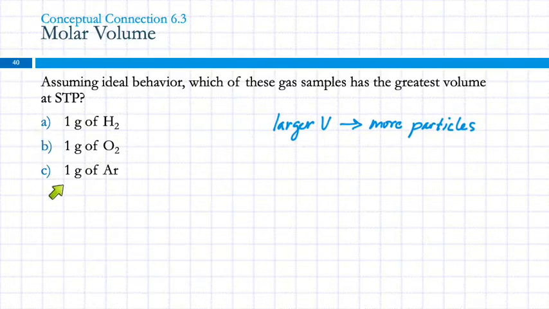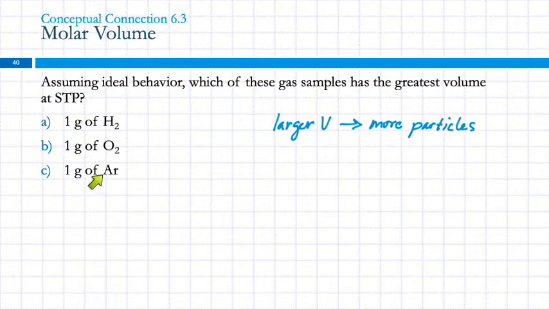They're equal in mass. Do they have the same number of particles? No. If we converted a gram of hydrogen to moles, we'd use its molar mass. That would be 2. For oxygen, it would be 32. And for argon, it would be about 40.